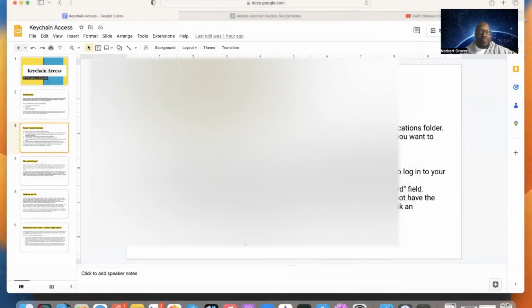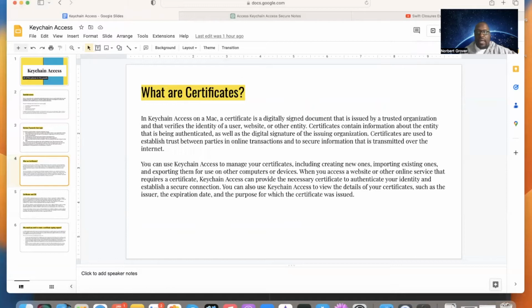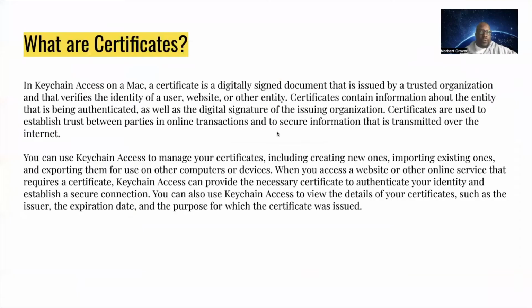So back here, we have that. And let's go on ahead and now what are certificates? In a Keychain Access on a Mac, a certificate is a digitally signed document that is issued by a trusted organization and that verifies the identity of a user, website, or other entity.